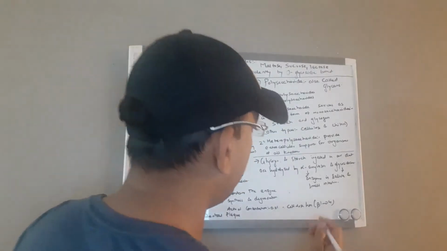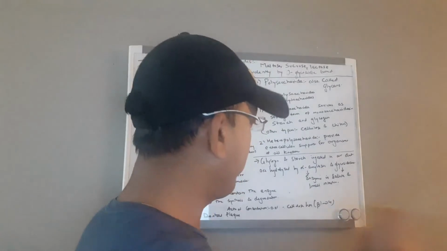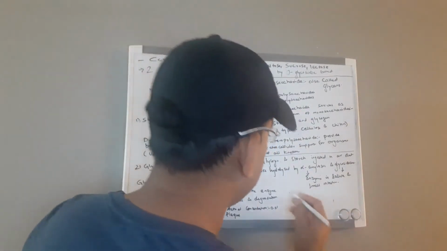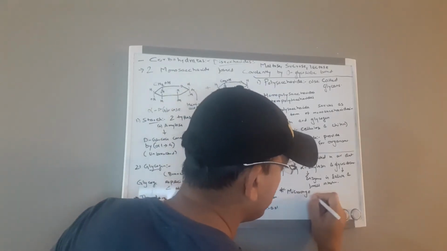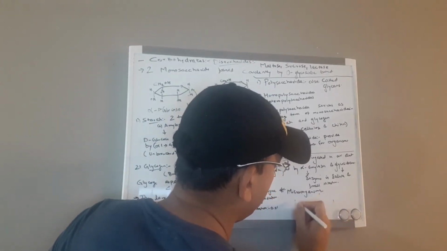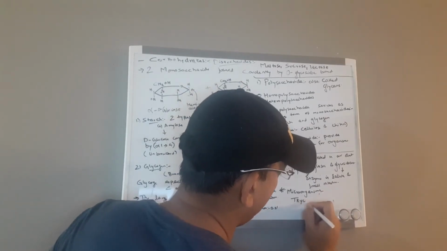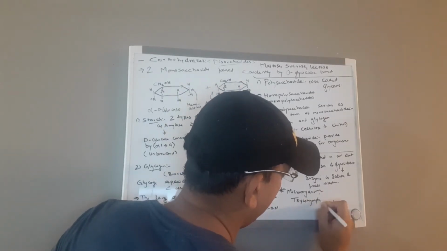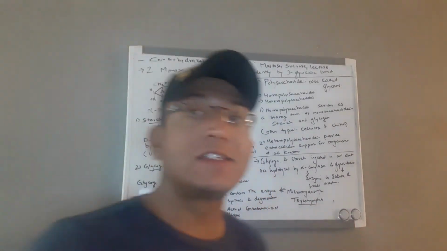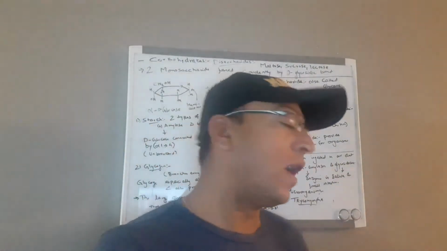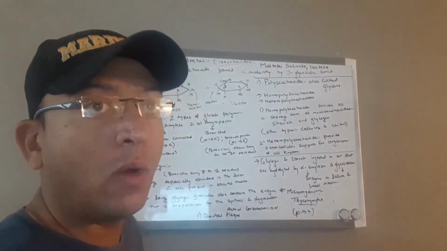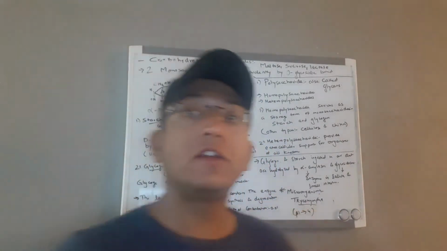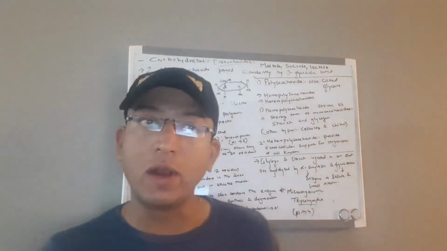Trichonympha. This is the microorganism that secretes cellulase, which hydrolyzes the beta 1 to 4 linkages. That's why the termites can digest, or hydrolyze, cellulose.